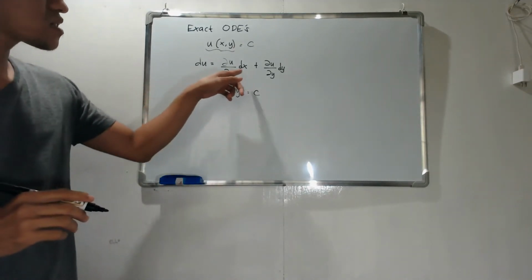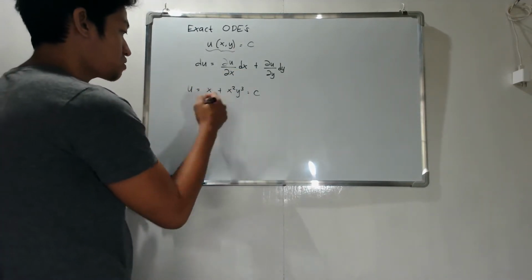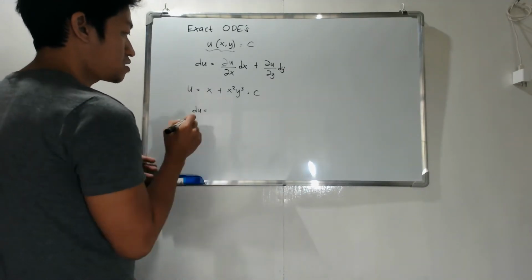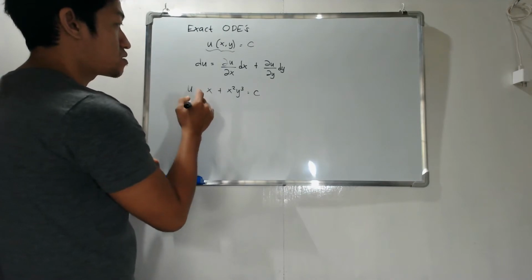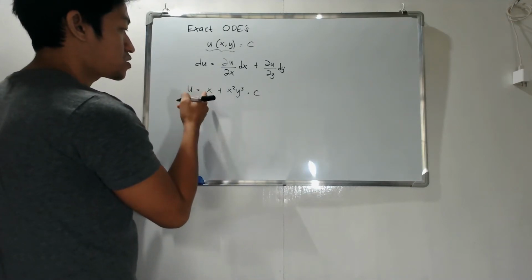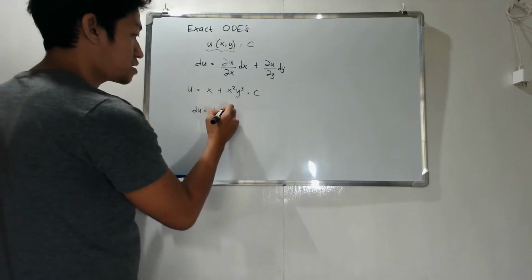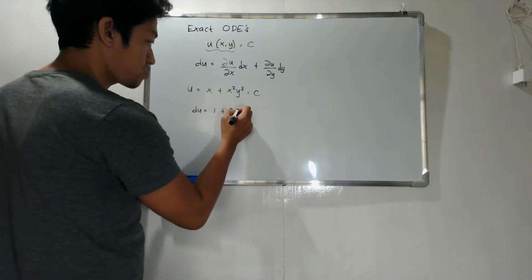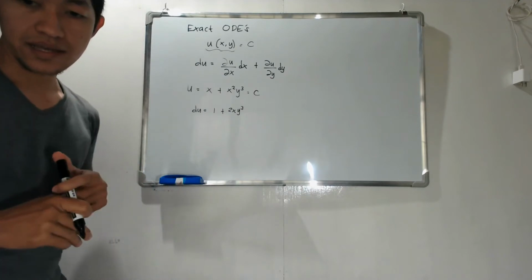Okay, if you want to get the total differential of this equation, du is equal to partial of u with respect to x. So you have 1 plus 2xy cubed. Okay?